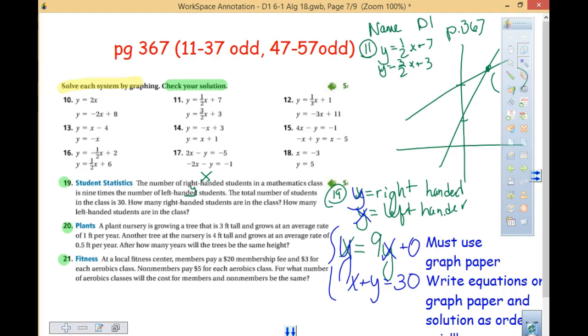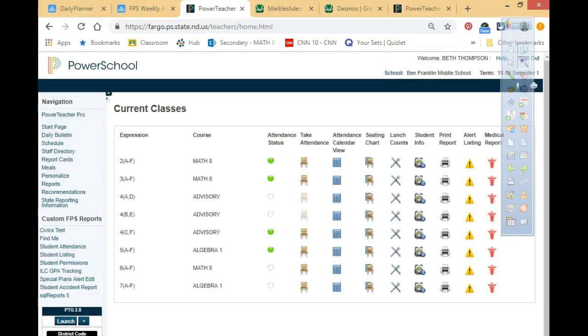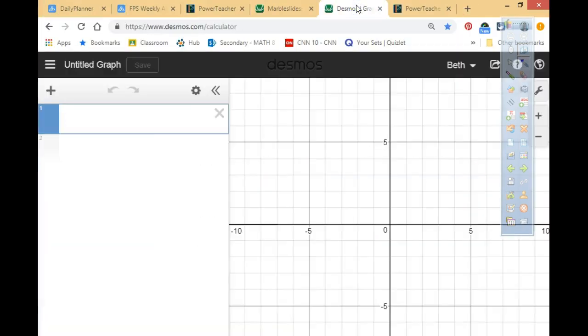I want to show you on the Desmos graphing calculator. What you're going to be doing on Friday is putting your equations into the Desmos calculator.